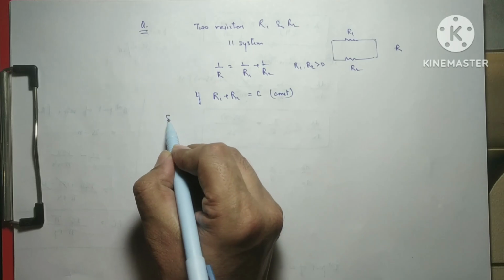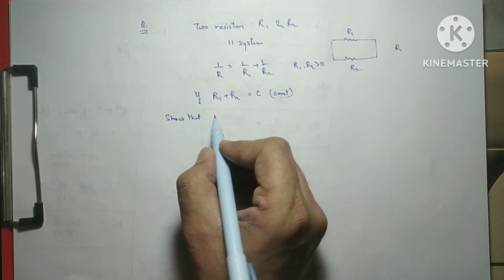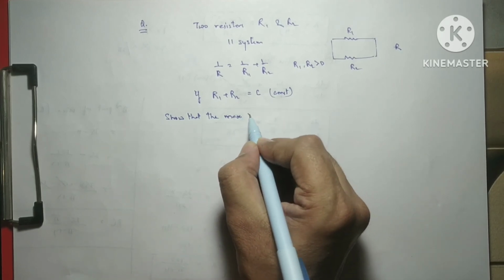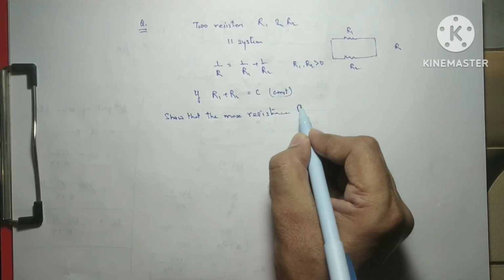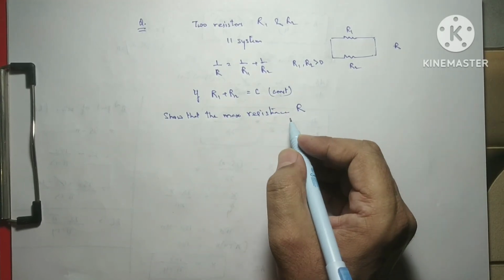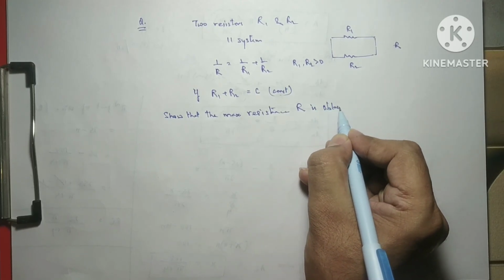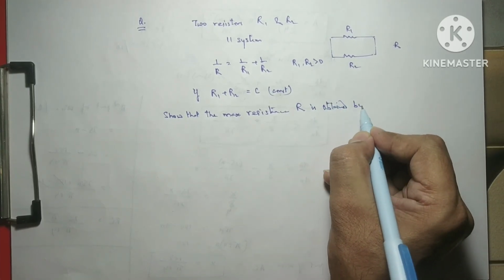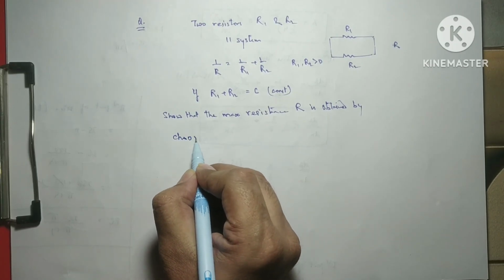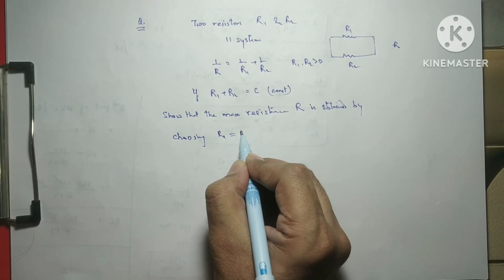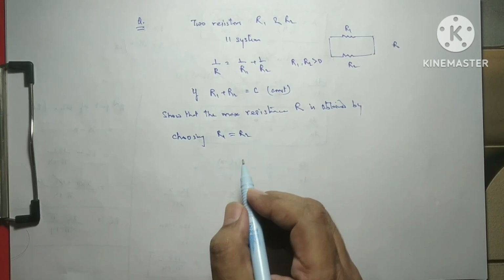So show that the maximum resistance, that is R, is obtained by choosing R1 equals R2, meaning both should be equal.